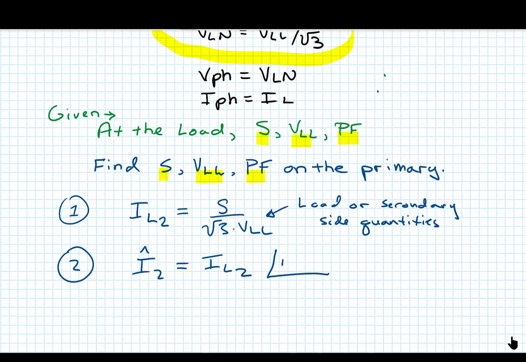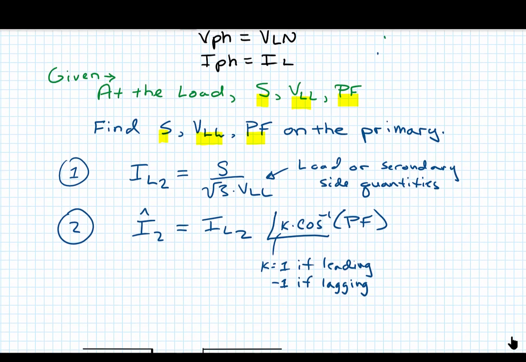Recall that I put this little K here, so K is 1 if leading, and -1 if lagging, times the inverse cosine of the power factor. So now I have the magnitude and phase of the secondary side current.